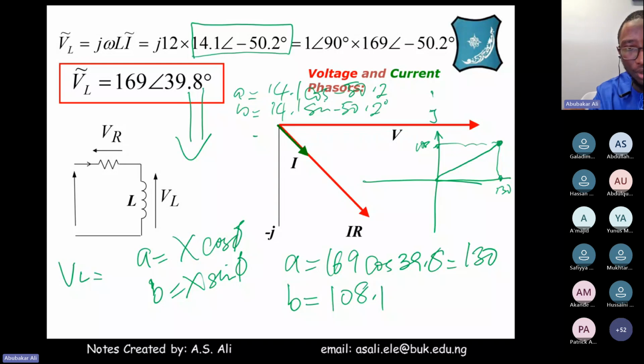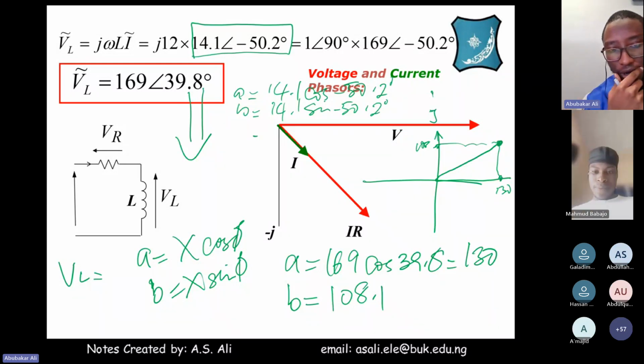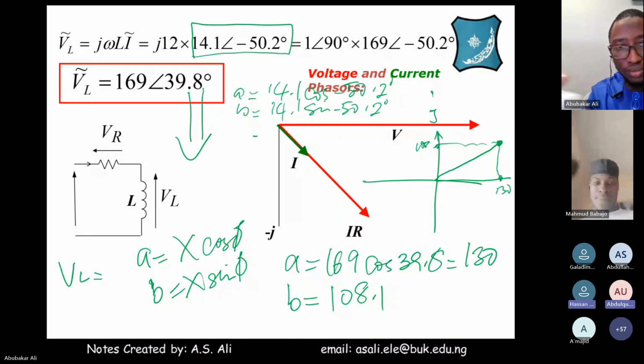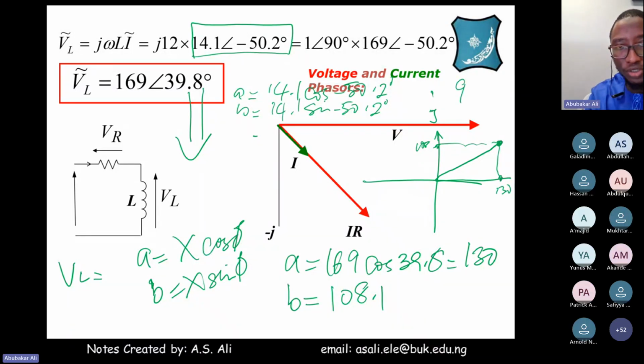What do you have? 9.08. Plus or minus? What is sine minus 52? It's minus, right? Minus 10.8. Minus 10.8J.